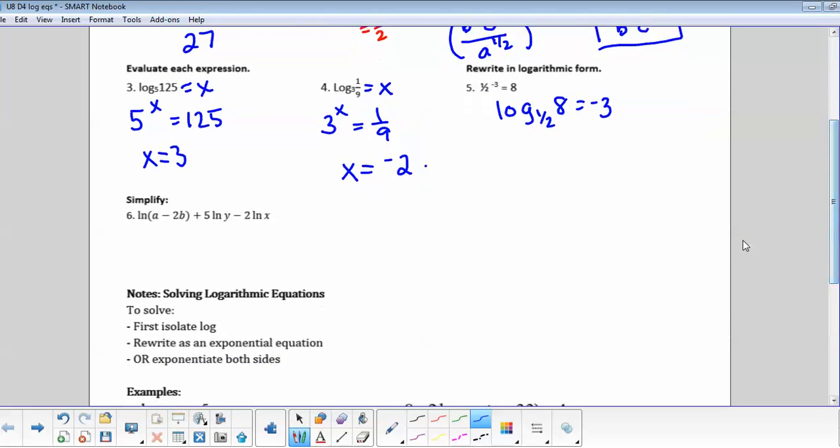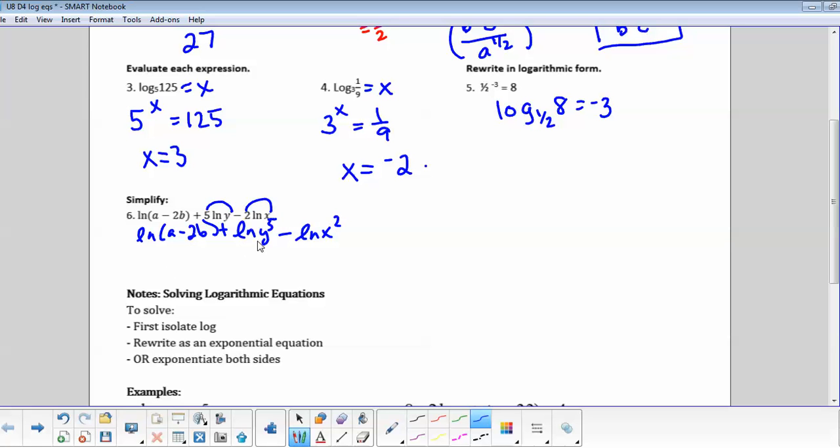All right, to simplify here, we need to use our properties. So they're all ln, which is good. If you have a 5 here, that can become the exponent here. So I have ln of a minus 2b plus ln of y to the 5th, and then that 2 can also go on the x. So that's going to be minus ln x squared.